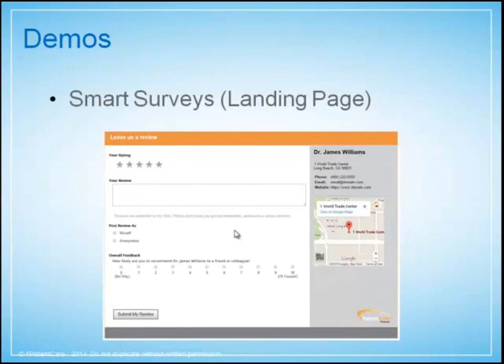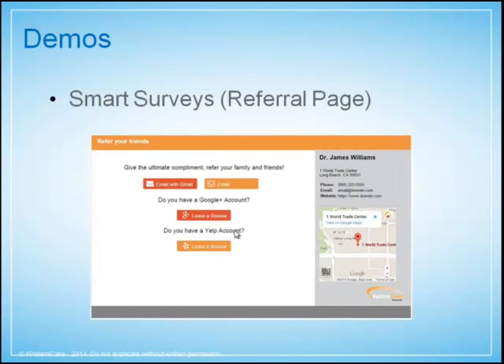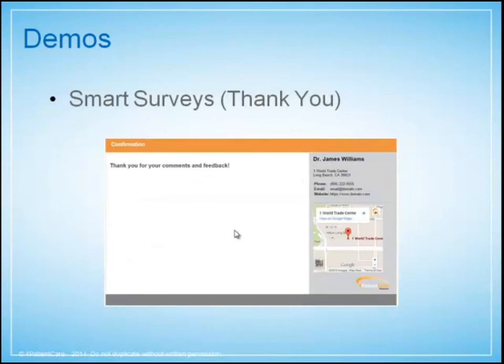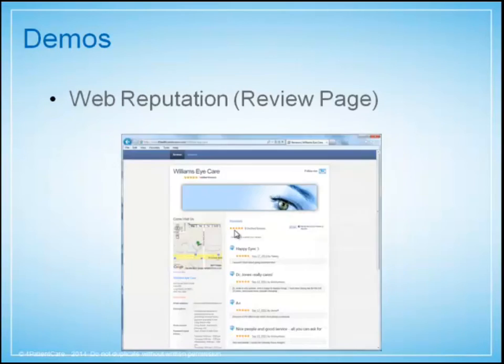Now, with a 7 or below, they do not see this page. In turn, the patient gets a drill down survey, and you're instantly going to get this email so that you can rectify what would be a negative situation. And that's it. It's done. So from the provider's and the patient's perspective, it's very succinct, short, to the point, and you're going to get the results that you're looking for, with the benefits of having first-party reviews driven into that.